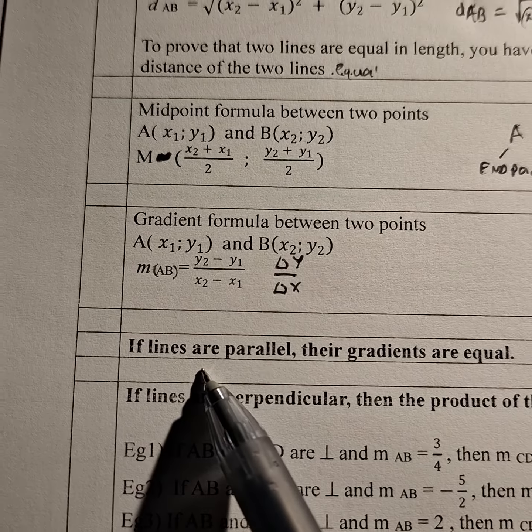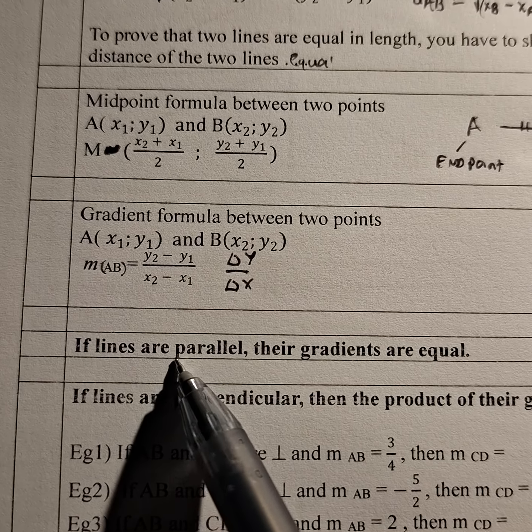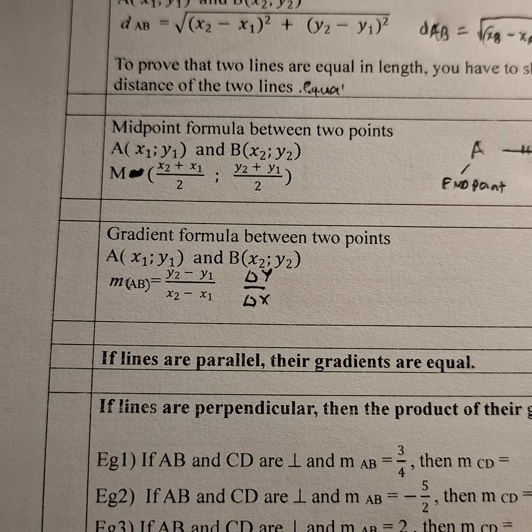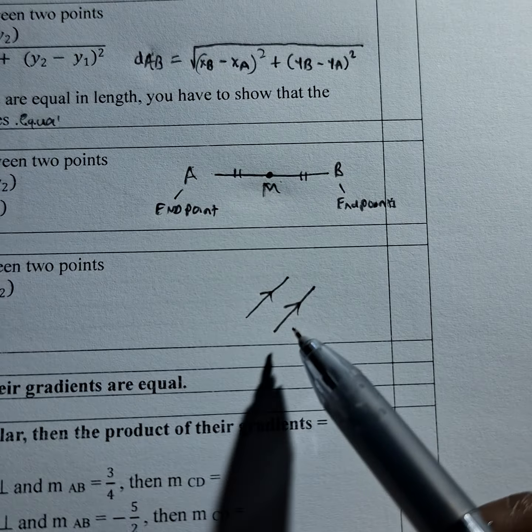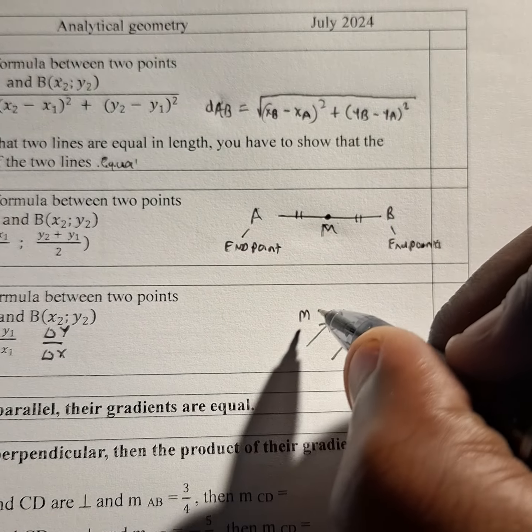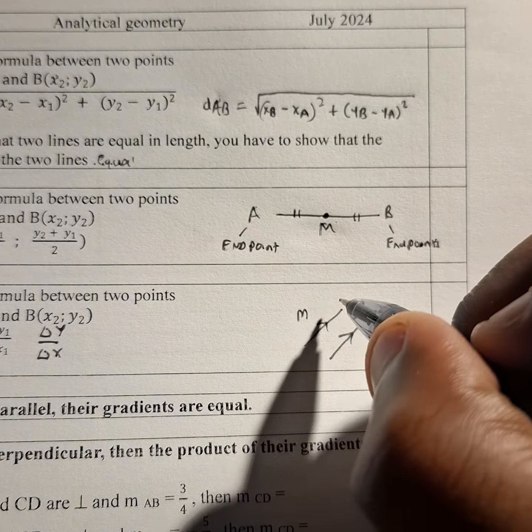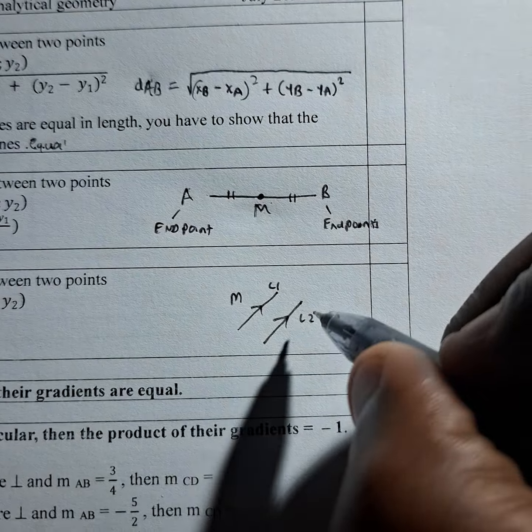Let's move on and speak more about the gradient. Now here's another thing. If ever you have lines that are parallel to each other, something we note about the gradient is that if we have here line 1 and here line 2, we can conclude that if lines are parallel, their gradients are equal.